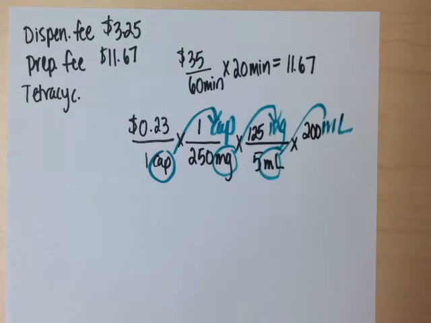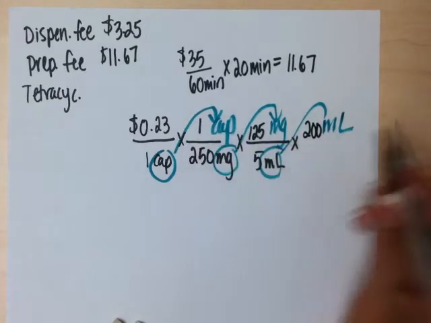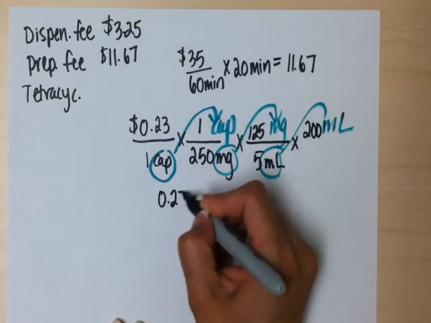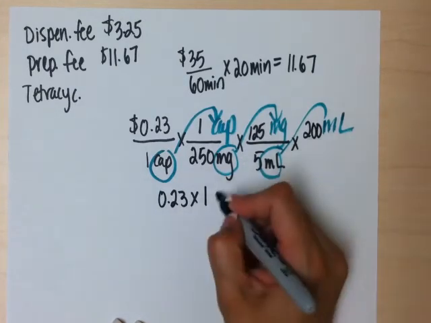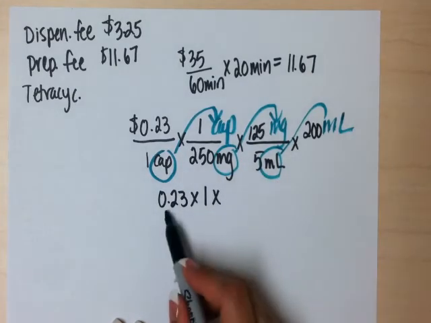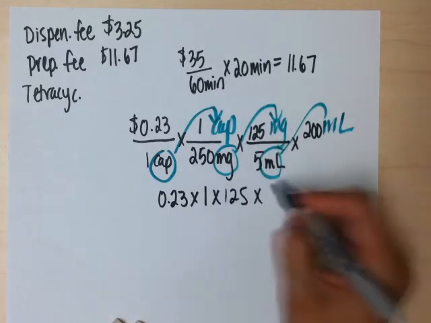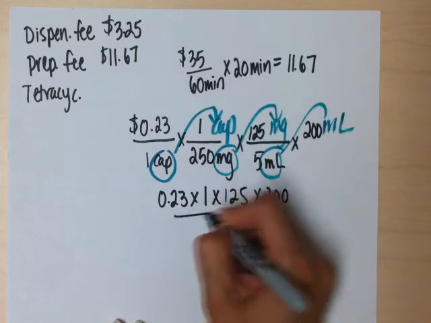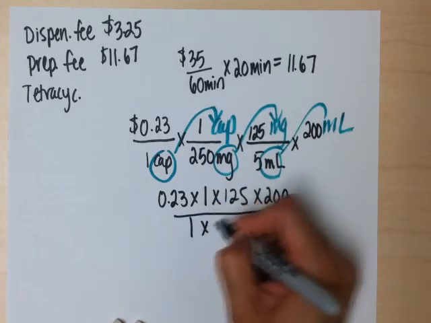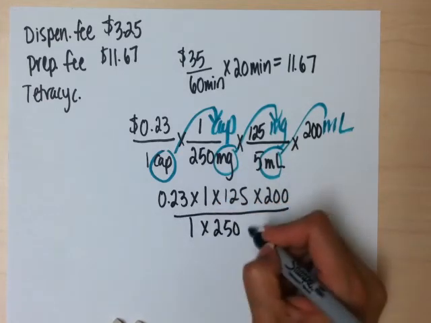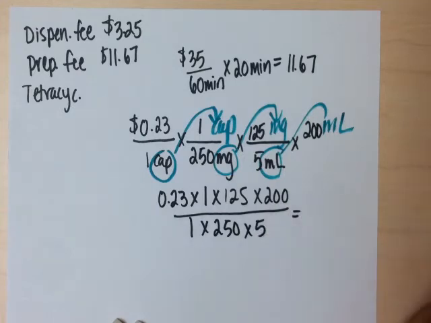So when we punch all these numbers out, I like to write this out so you can see how this will look on your calculator. 0.23 times 1 times 125 times the 200 all over 1 times 250 times 5.